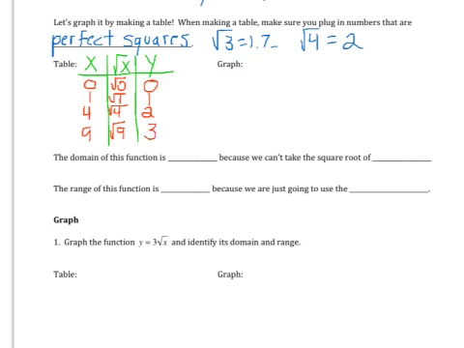So now let's graph this and see what it looks like. We have to go all the way out to 9 on the x-axis, and up to 3 on the y. So we have our first point at 0, 0. Our next point is at 1, 1. Our next point is 4, 2.